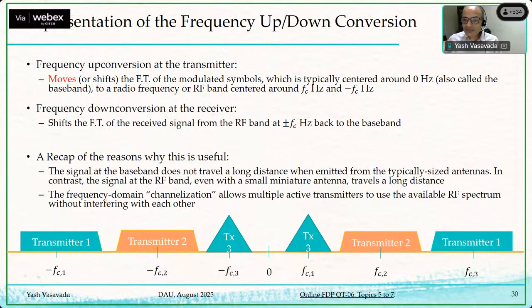And so that allows multiple active transmitters to use the communication channel simultaneously and without any interference among each other. That is another key reason why this frequency translation is very, very useful.